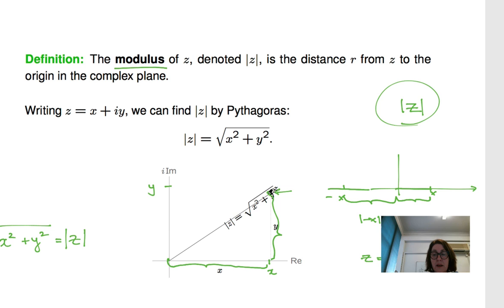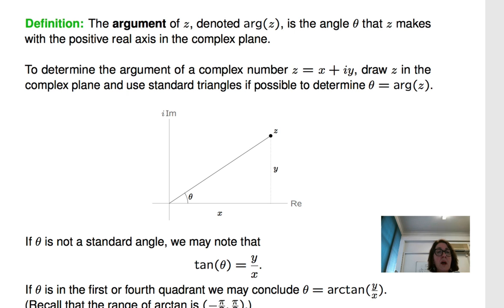So that's how we find the distance from the origin to the complex number z. When I started talking about this, I said we needed to think about the distance from here to the complex number, but also the angle that we have to go through to get to that line segment that joins the origin to our particular complex number. We call the angle the argument of z, and we denote it by arg z, and it's the angle that z makes with the positive real axis in the complex plane.